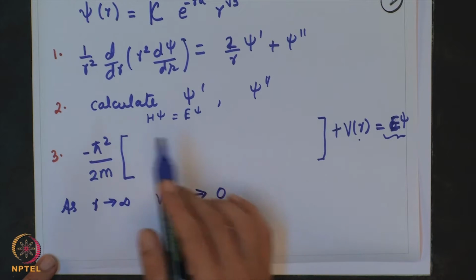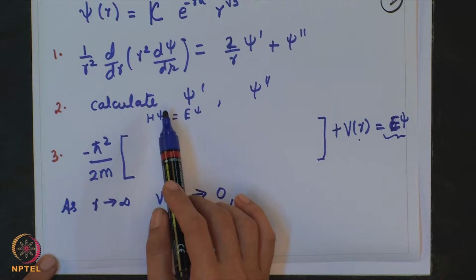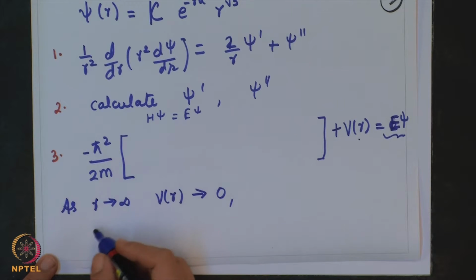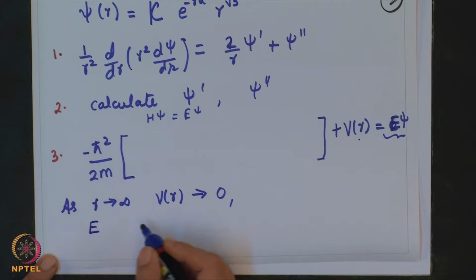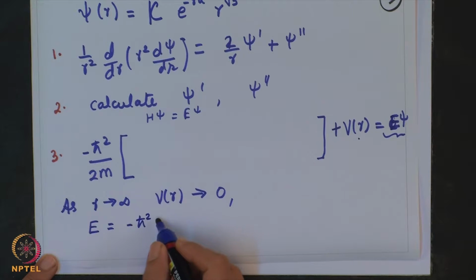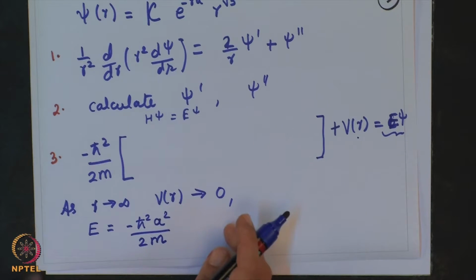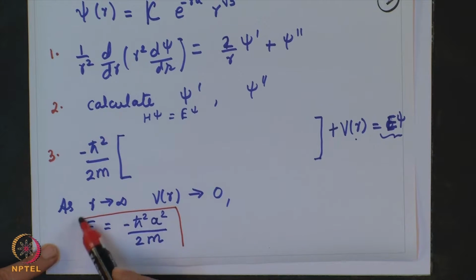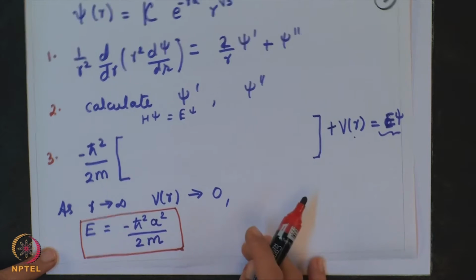So, after doing these substitutions 1, 2 and from 3, we infer that E comes out to be minus h cross square a square upon 2m. Just verify this and check whether you get the same result.